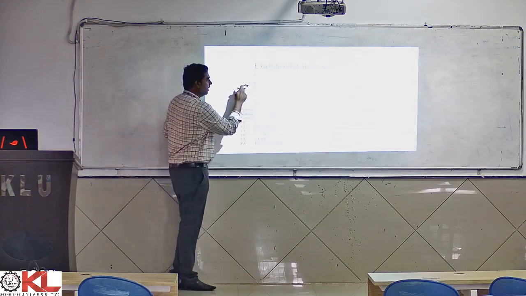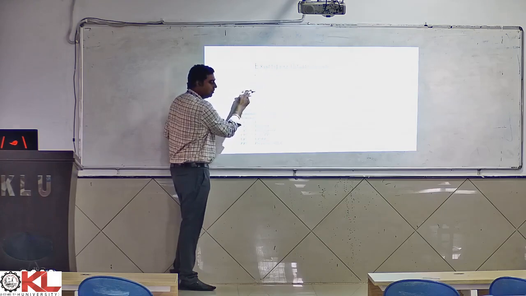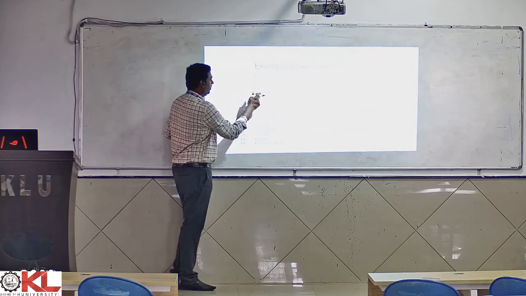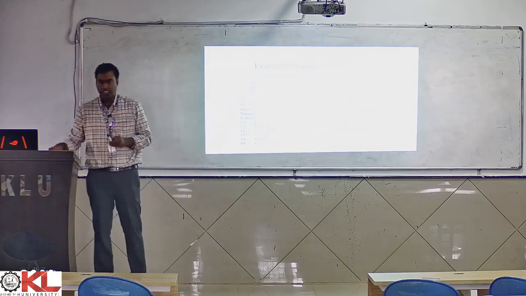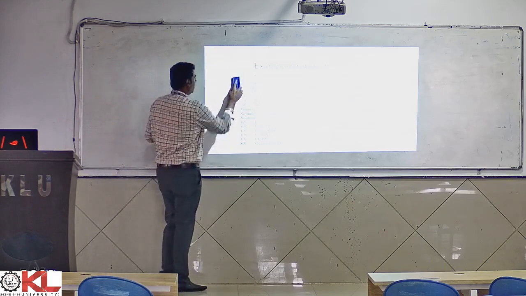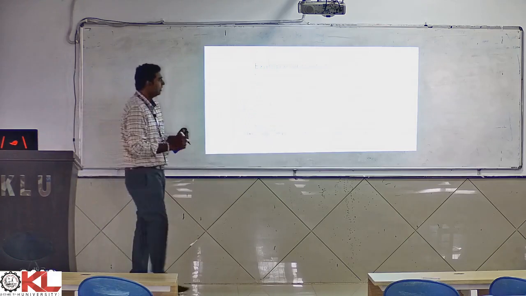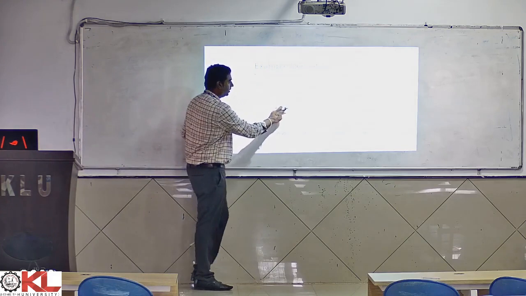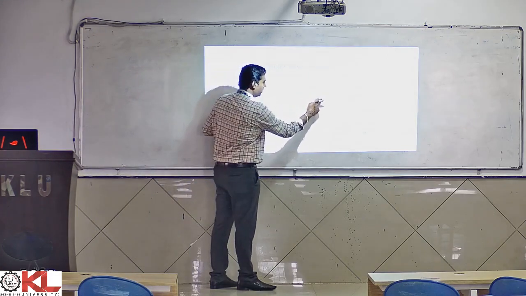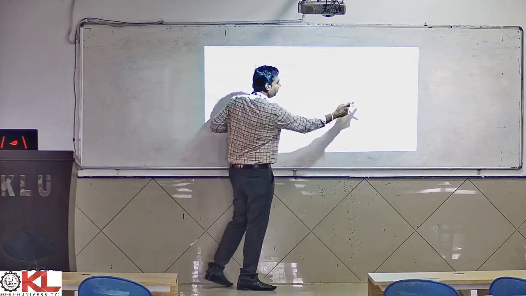The starting symbol derives to noun phrase and verb phrase, or the starting symbol can be derived to auxiliary, noun phrase and verb phrase, or the starting symbol can be derived to verb phrase.